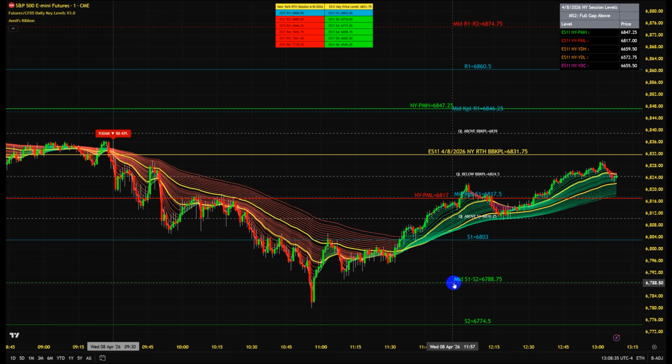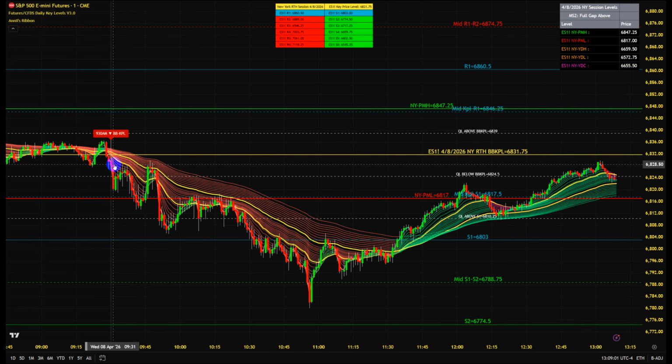Then you could adjust it to, say, the S1 level or the QL level above, or say the pre-market low level here. Or you could just adjust it by adding whatever amount of ticks that you want on top of the executed entry price on your trade, which in the case of ES would, say, be at least 4 ticks or 1 point.